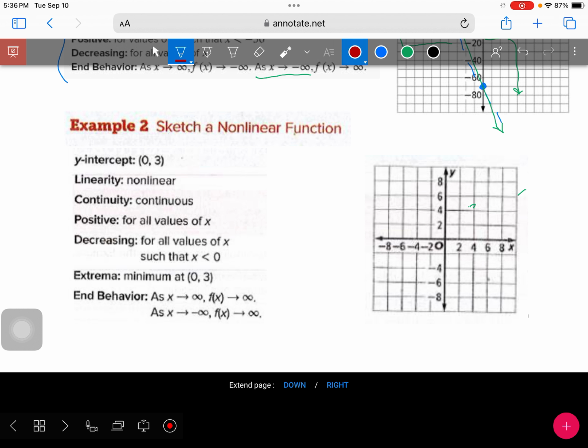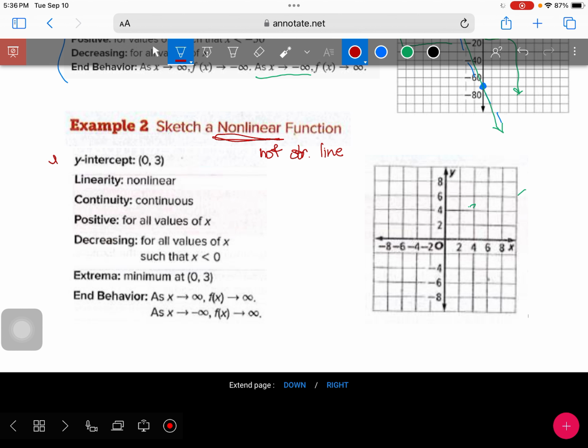Now this one, it says it is non-linear. That means it is not going to be a straight line. So let's keep that in mind. Okay? So some of these things are more important than others.